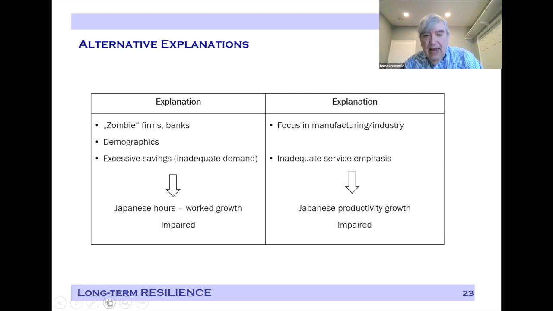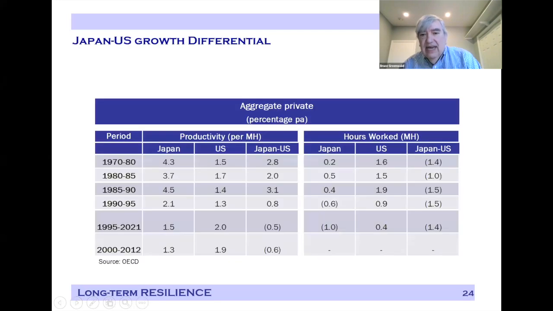If you look at Japan, what you see is that in hours worked, pre and post 1990, Japan was roughly 1.1 to 1.5% behind the US, and post is about exactly the same. It is not an issue of hours worked in Japan.